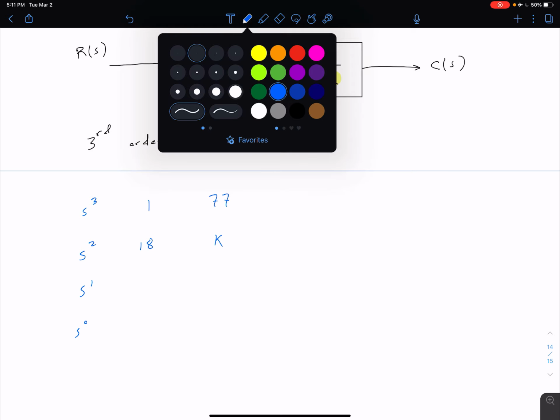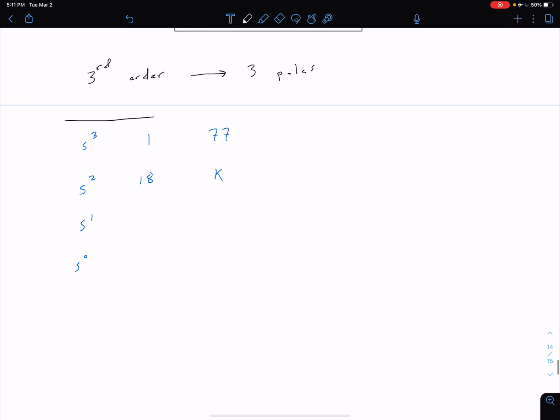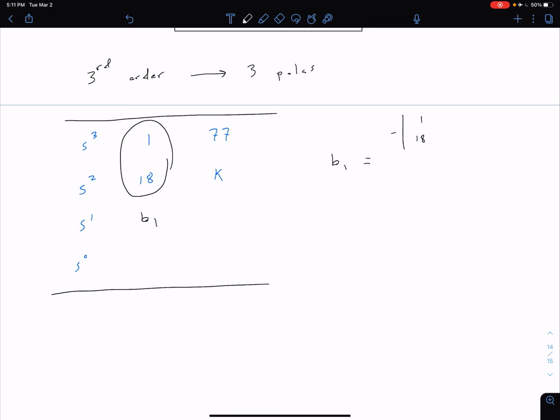Okay, so now we're ready to figure out the rest of our Routh table, and again, we can add our little bars here if that's useful. Let's say this is going to be our B1 entry here, and that's going to be equal to the negative determinant of 1 over 18, so these 2 items right here above it, and then the other column is 77 over 77 and k, and we divide that by our 18.